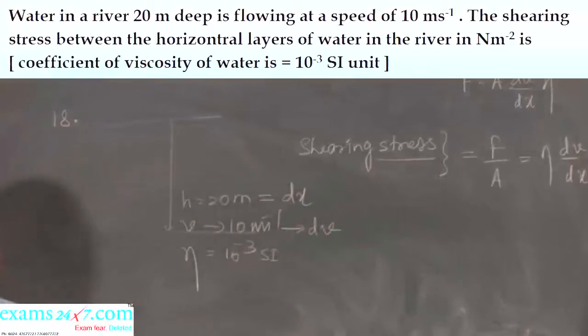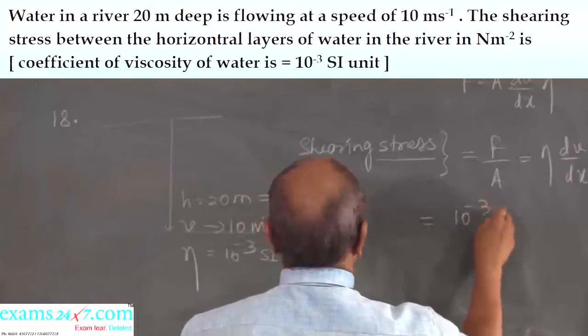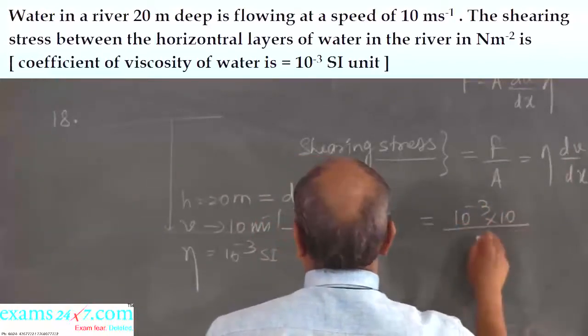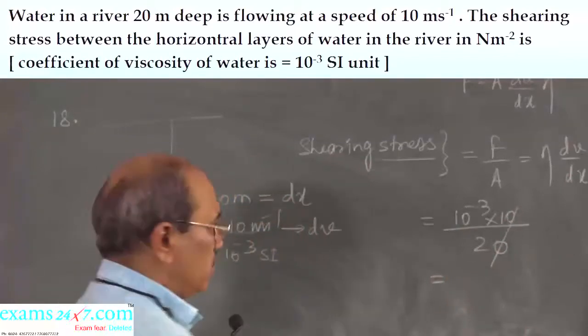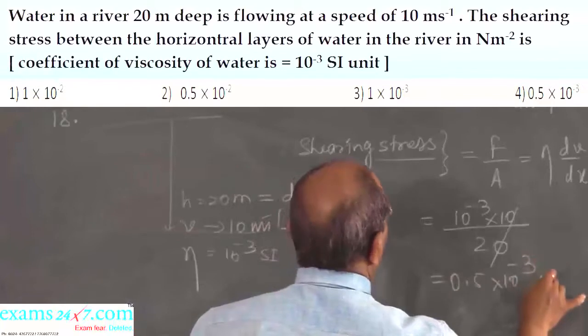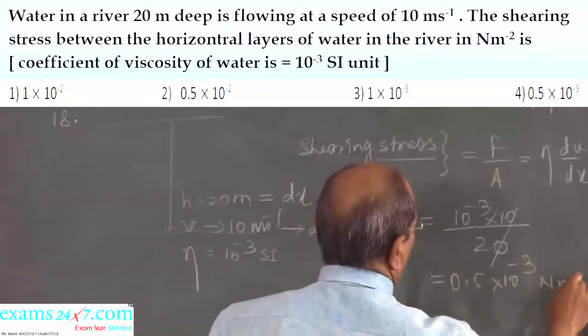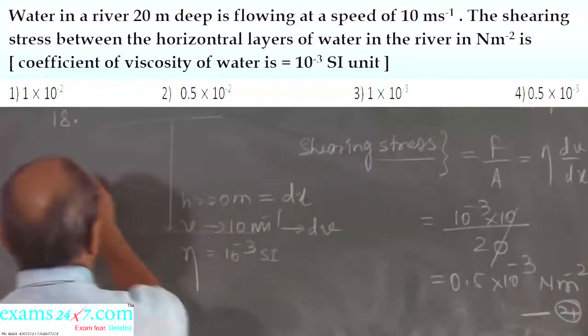That gives you the solution more simply. So in that case, η is 10 power minus 3, 10 divided by 20, cancels. The answer available is 0.5 into 10 power minus 3 Newton per meter square. Option number 4, level 3.